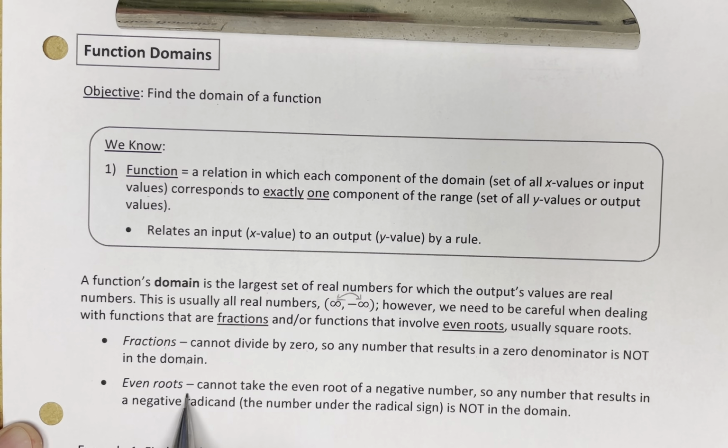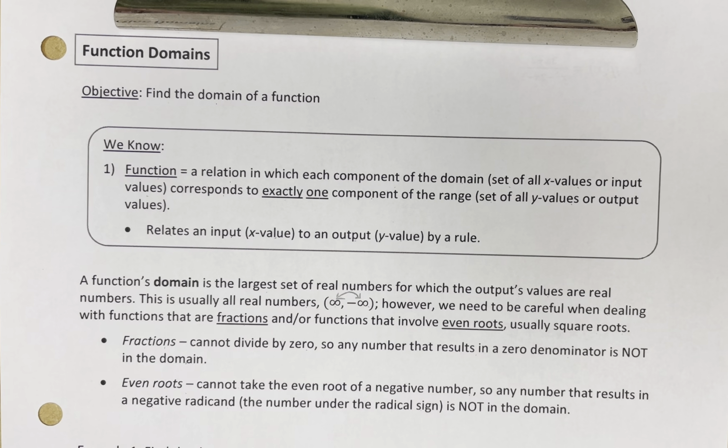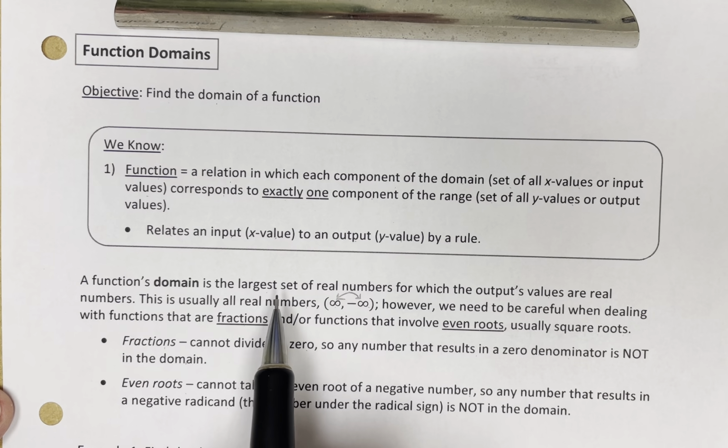Even roots cannot take a negative. The radicand cannot be negative. So we cannot take the even root of a negative number. So any number that results in a negative radicand, which is the number under the radical sign, is not in the domain. So we're focused on two things.